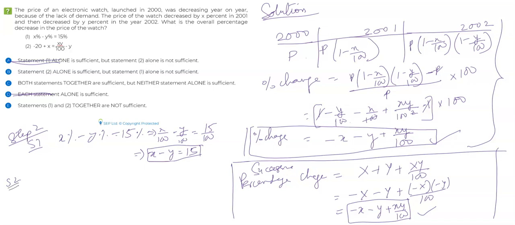Now let's look at the second statement. The second statement is minus 20 plus X is equal to X into Y by 100 minus Y. Now notice this is almost in the form that we need here.